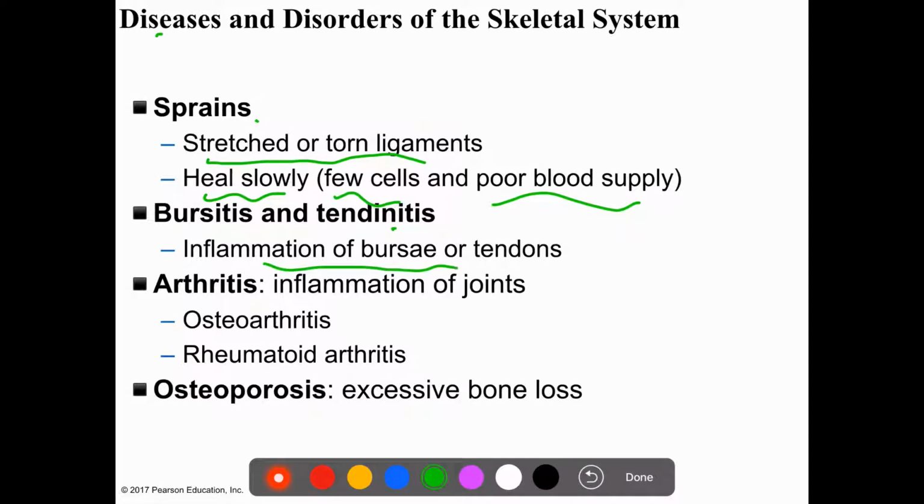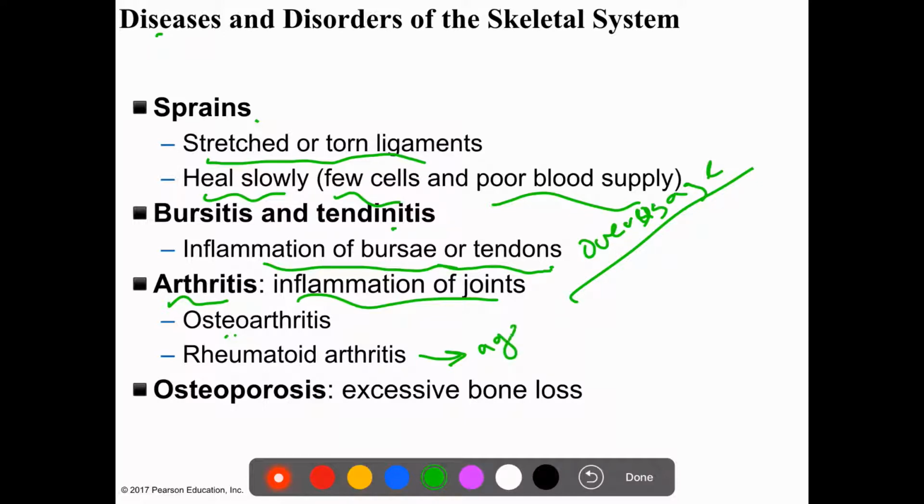This is inflammation of the bursa or tendons because of overuse in general. Then there is arthritis, inflammation of the joints, like osteoarthritis or rheumatoid arthritis. This, for example, relates to age and is very chronic.